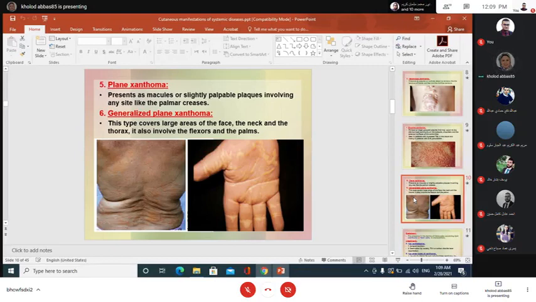Yellowish plaques or macules seen on the body. Generalized plane xanthoma. This type covers larger areas, for example, the face, the neck, the trunk, and all over the palm can also be involved. We call it generalized plane xanthoma. That means if it is localized to one area we call it plane xanthoma; if all over the body is involved we call it generalized plane xanthoma.